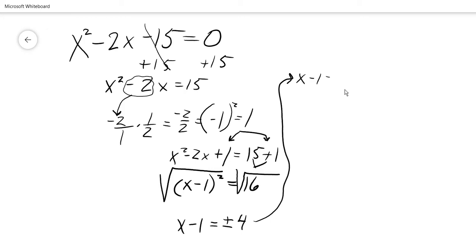In other words, I'm going to have to take that negative 1 and move it over to the other side by going plus 1 and plus 1. Now this plus 1 over on the left side, negative 1 plus 1 is 0. All we have is x. This plus 1 I'm going to put right up in between that plus and minus sign and the equal sign. That's 1 plus or minus 4. Here's where our two answers come from.